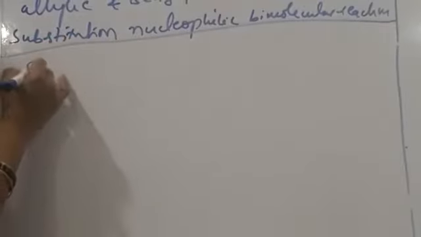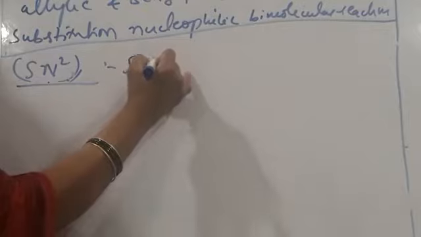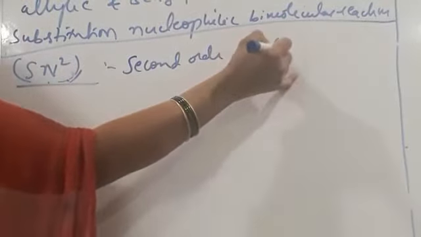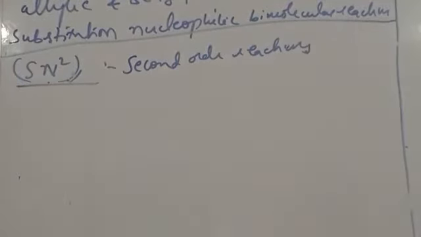Okay, these are also called SN2 reactions. Substitution nucleophilic bimolecular reactions, which are SN2 reactions, are also called second order reactions. Molecularity is 2 and order is 2.